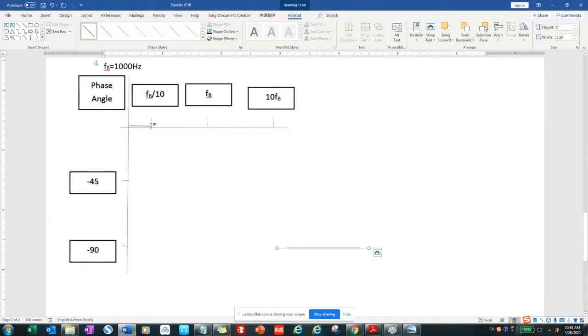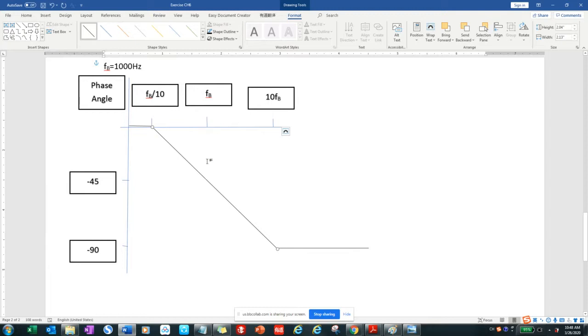Then between FB over 10 and 10 FB, it will be a straight line. So you just connect these two points.